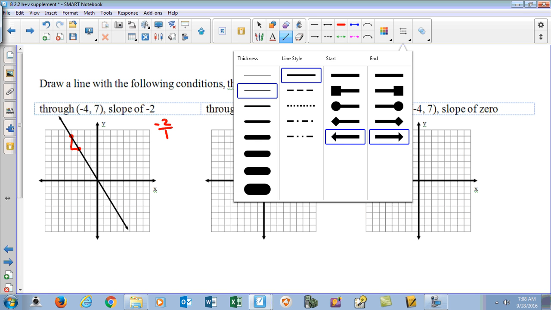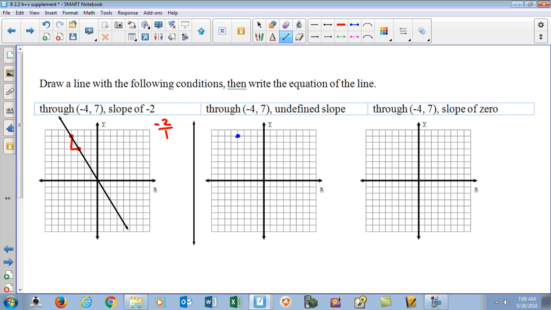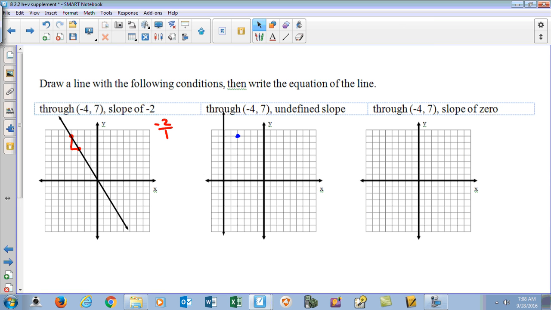Correct, it's a vertical line. So I'm going to take this line, and this should be going right up through. Remember, all the x values were the same on a vertical line. So that means my line is going through every x point of negative 4, and it goes to the point negative 4, 7.